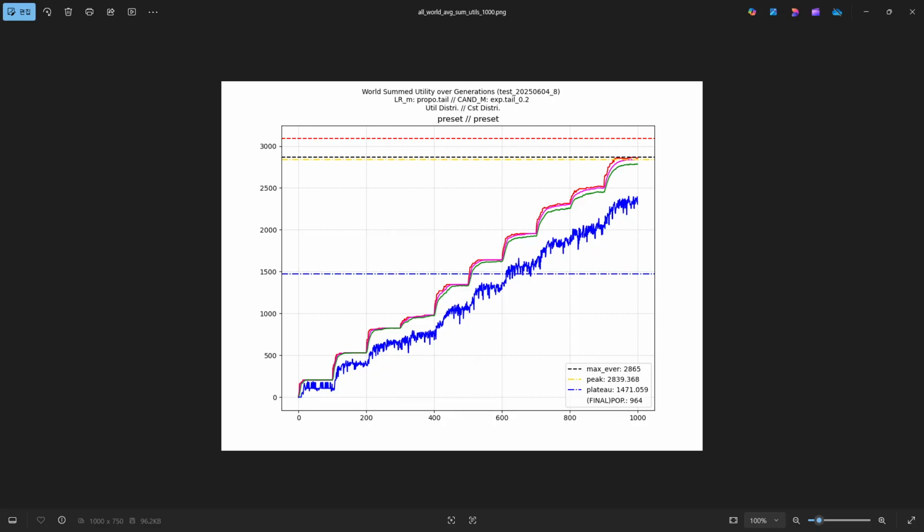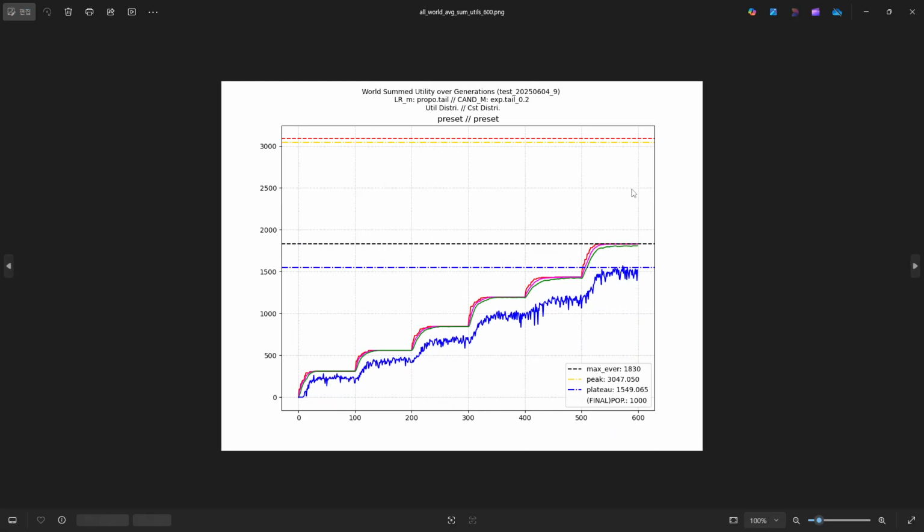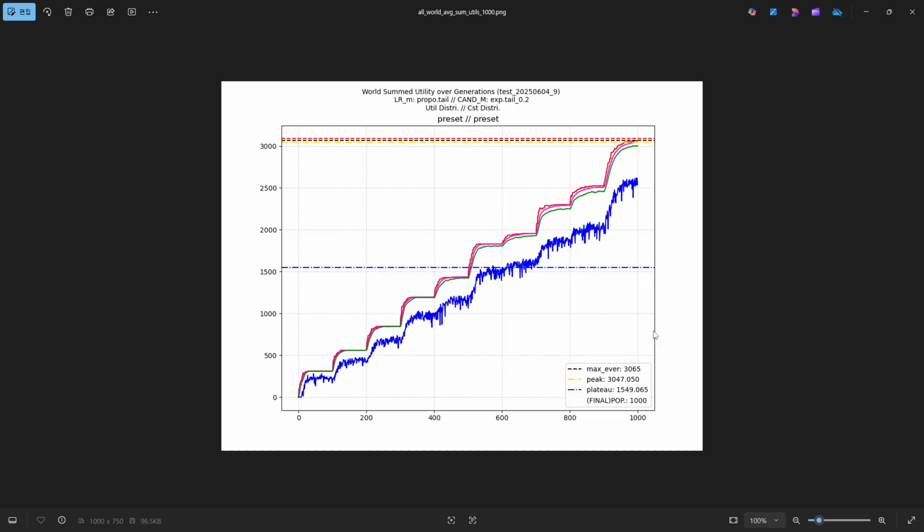And I did this for one last time, except this time it was for the higher max constraint values, where the maximum ever was 3065, which is the true ceiling for this setting.